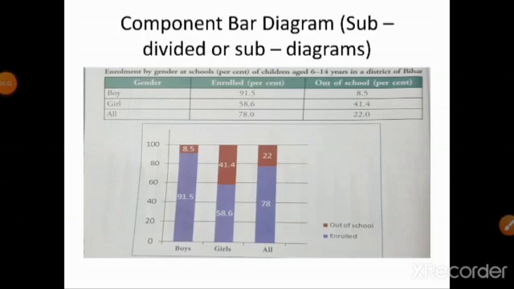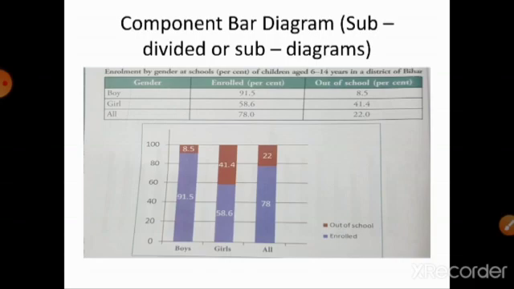A component bar diagram is also called a subdivided bar diagram or subdiagram. The component bar diagram is very useful in comparing the size of different component parts, and it also shows the relationship between the variables.